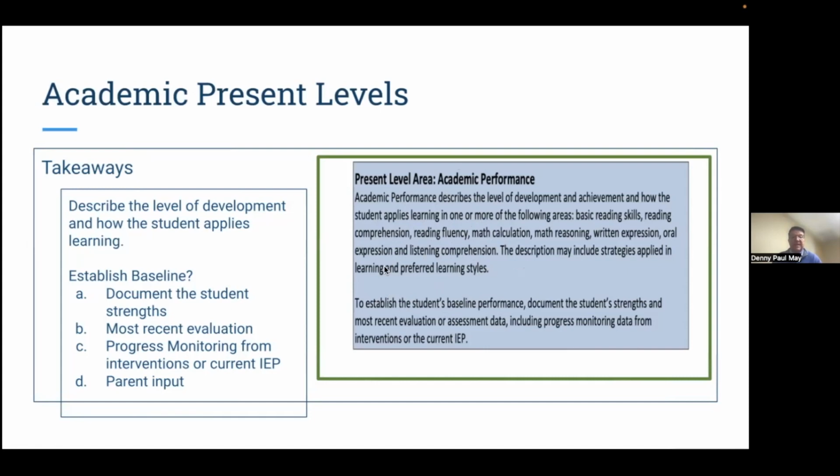Okay, establish the baseline, document the student's strengths, most recent evaluation, progress monitoring from interventions or current IEP, and the parent input. So that's so important. Our new record review document hammers parent input. And so you've got to talk about that in your conference summary, and you've got to talk about that in your IEP. Brenda, do you have anything to add to this particular slide?